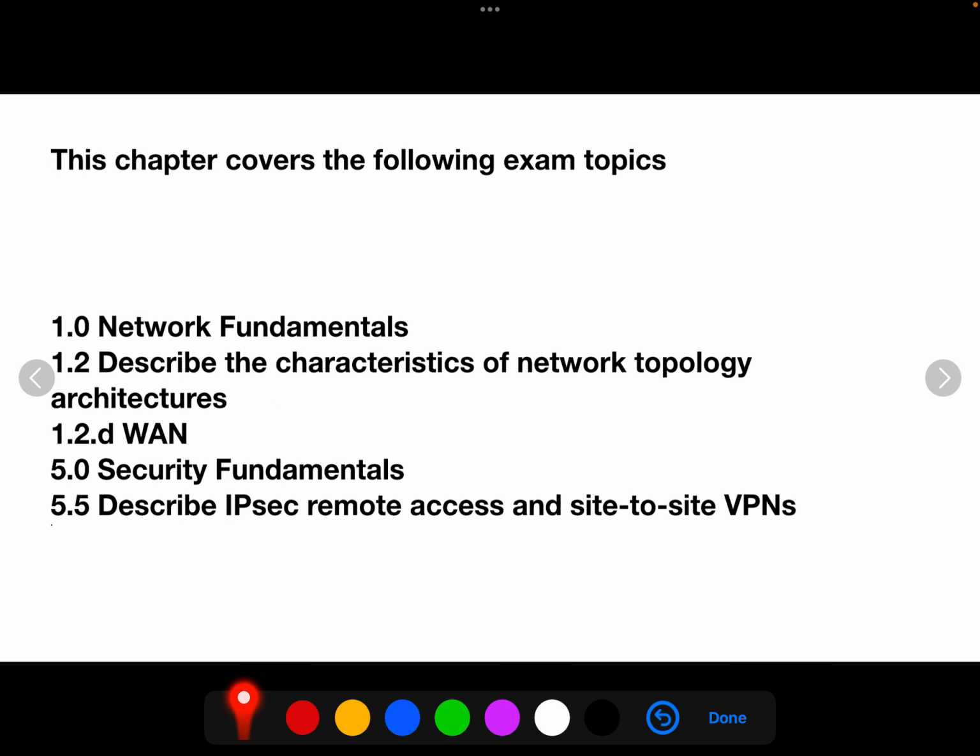So what exam topics are we actually covering? If you look in the CCNA specification, the most recent specification, you'll see 1.0 network fundamentals. And in this section, 1.2 describe the characteristics of network topology architectures, 1.2d WAN, and in section 5 security fundamentals, it states describe IPsec remote access and site-to-site VPN.